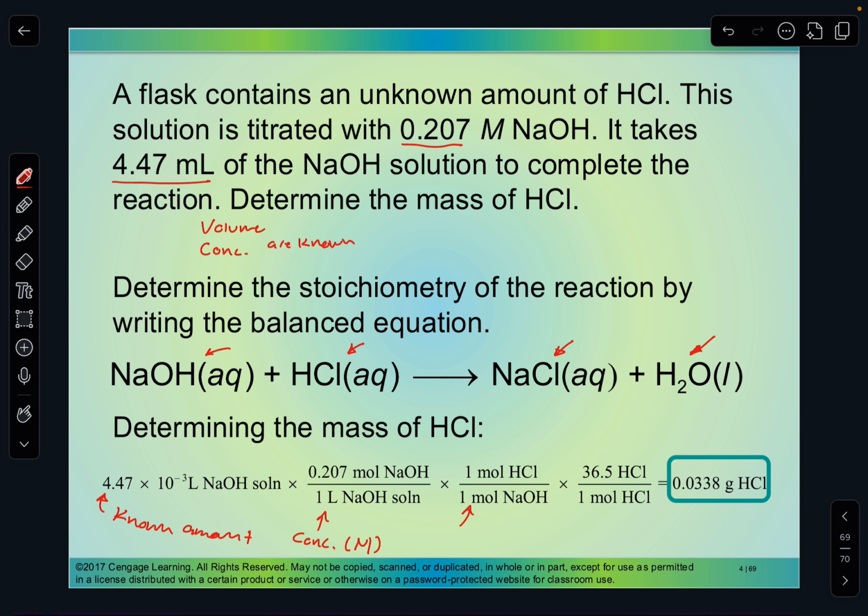We'll use the equation stoichiometry, and then we'll use the molar mass. And then out of this, we will get the amount of grams of HCl.